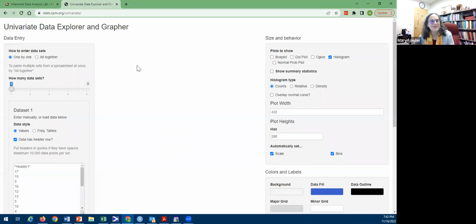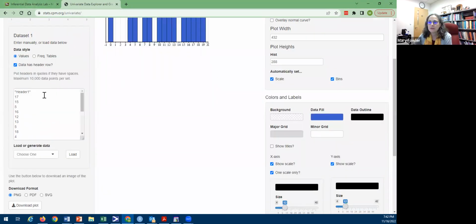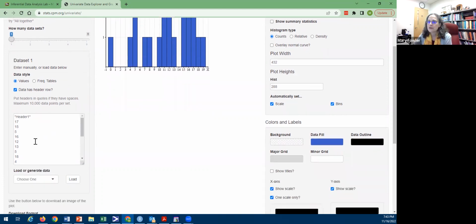So bringing that up. Okay, I hope that you remember this a little bit. But if not, we enter data in the left column, we ask for what we want in the right column, and the answers come in the middle. So the first thing we have to do is remove the sample data.